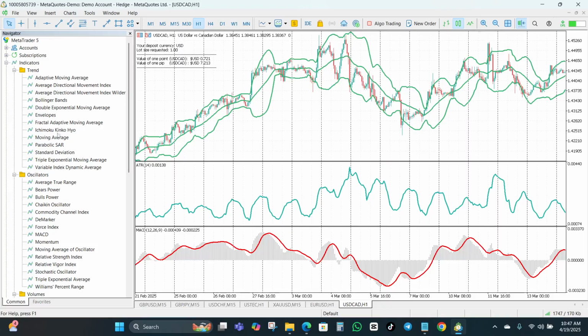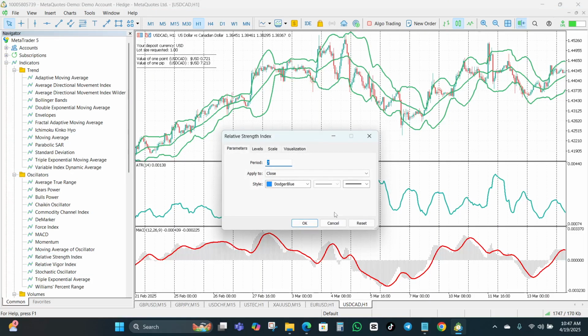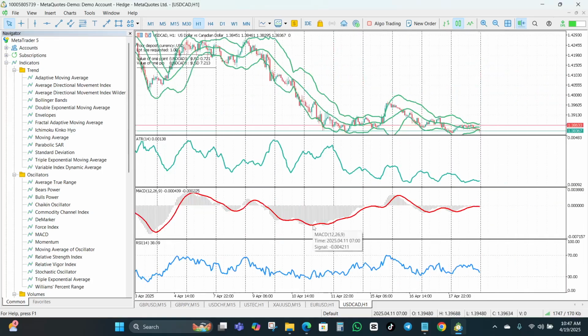Now let us discuss the relative strength index. This is a momentum oscillator that ranges from 0 to 100 and is used to spot overbought and oversold conditions.